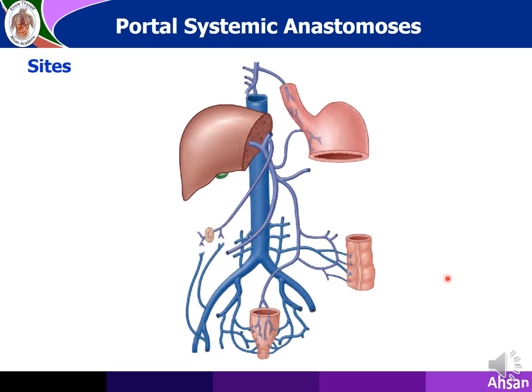Portal systemic anastomosis is clinically very important. You see, the portal vein makes anastomoses at some areas with the systemic circulation. So the esophagus has a proximal part, and the most distal part has portal circulation, but above this it has systemic circulation.